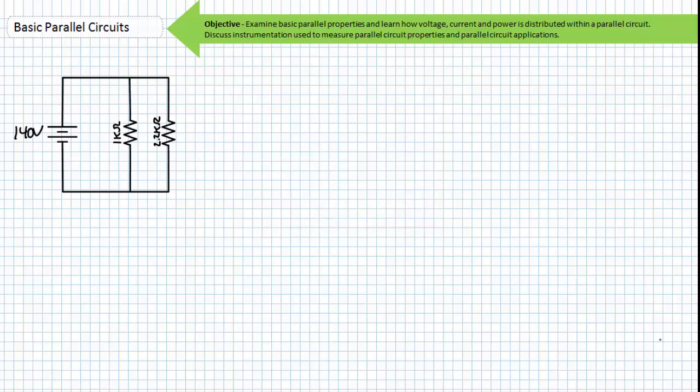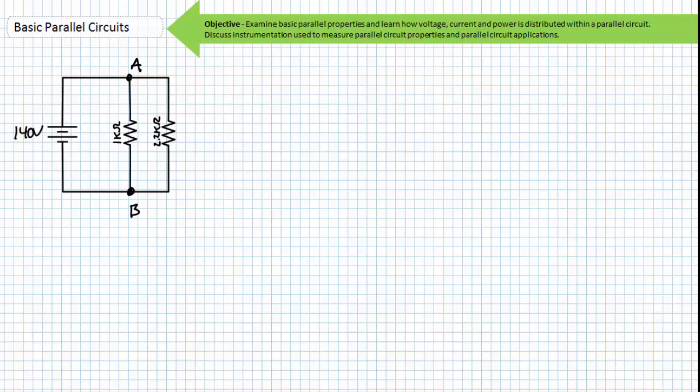Voltage across elements hooked in parallel is the same. The supply voltage E is providing a differential of 140 volts between nodes A and B. The 2 terminals of the 1 kilo ohm resistor are between nodes A and B, as are those of the 2.2 kilo ohm resistor.